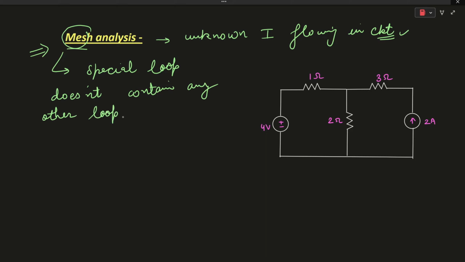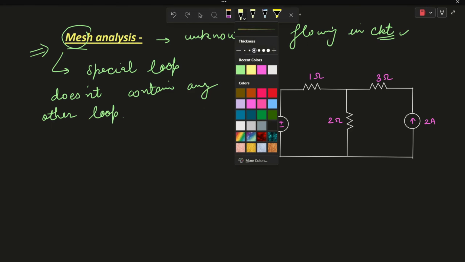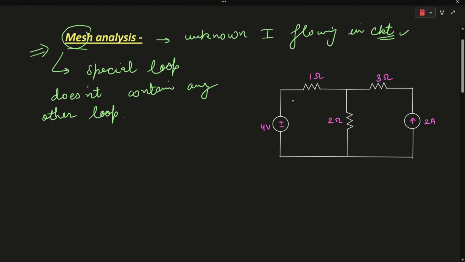For example, this is your mesh 1, because it does not contain any other loop inside it. Similarly, this is another mesh, mesh number 2.